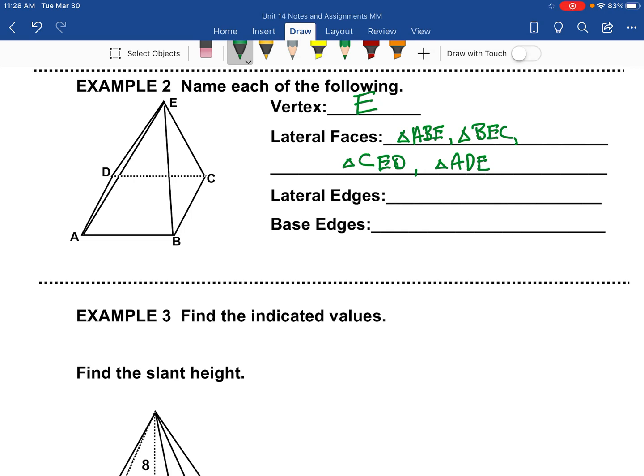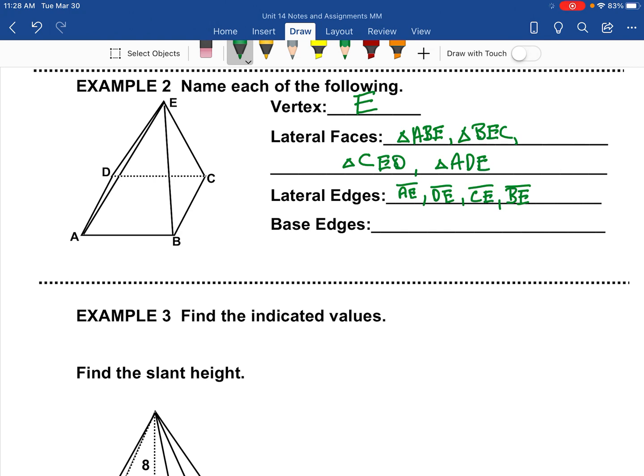Then our lateral edges. Our lateral edges are segments, so we need to name them as segments. So we have segment AE, segment DE, segment CE, and segment BE. Those are the segments that make up the lateral edges.